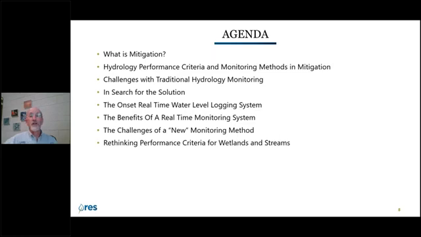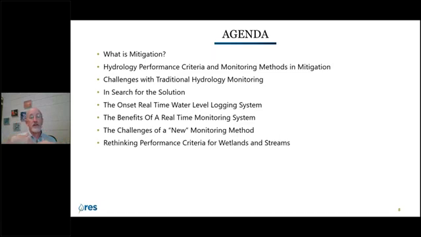Something changed. The agenda, at a high level: we'll touch on what mitigation is, how hydrology is measured, and performance criteria within mitigation, and some of the challenges of the current technology and approaches. I'll touch on our search for a solution to some of the traditional challenges we've had with monitoring hydrology.